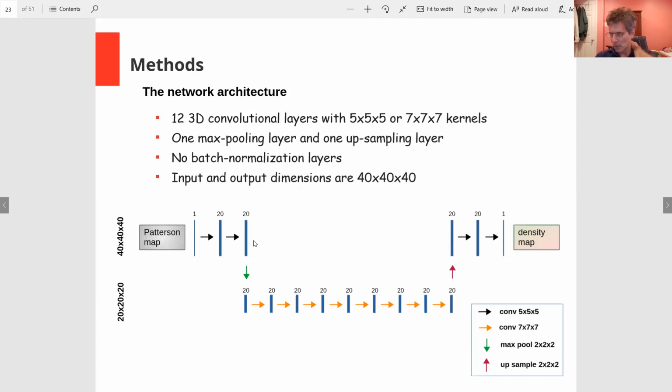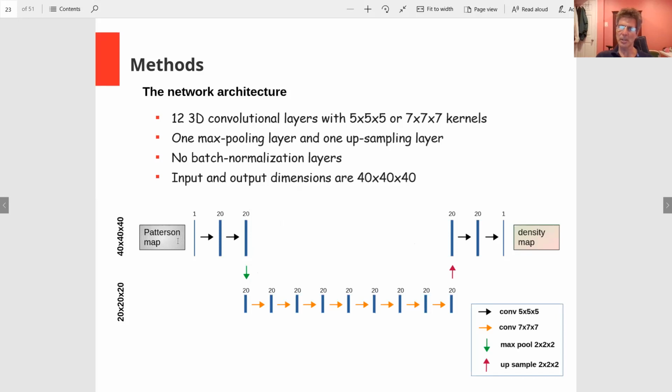It does that by considering every group of 8 pixels and selecting one of them. It's a simple method for reducing the resolution of the image. And then there's one upsampling layer, which goes from the low resolution back to the higher resolution. And by the way, these are all common neural network layers that are used here.